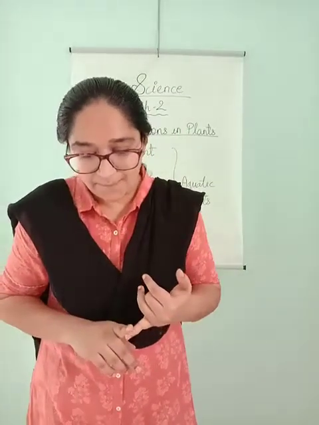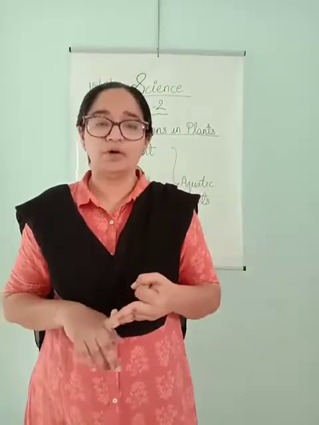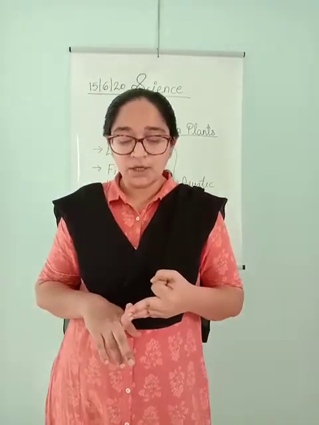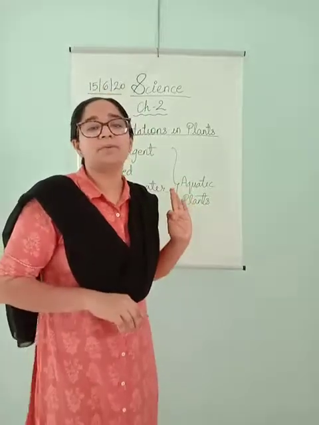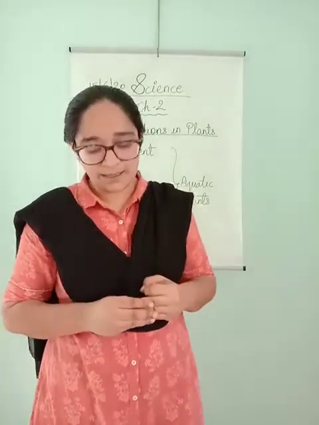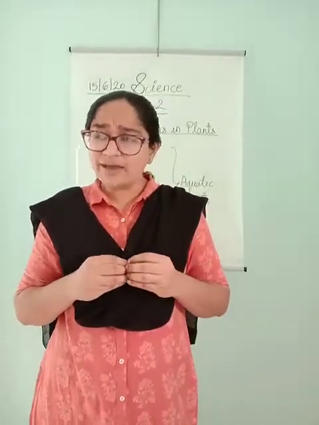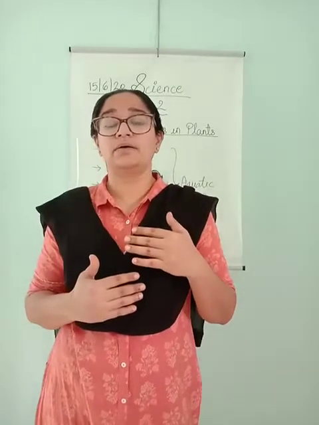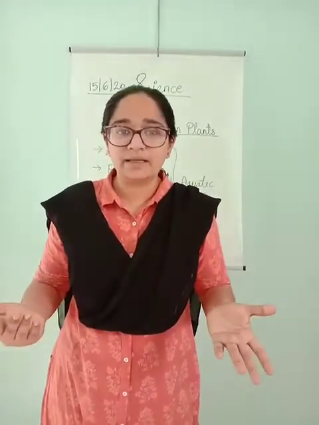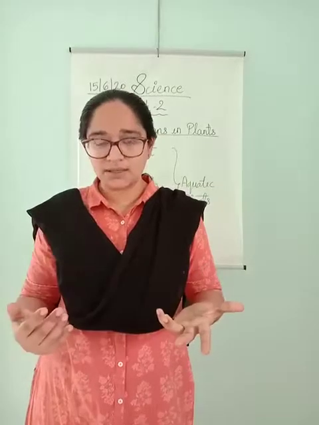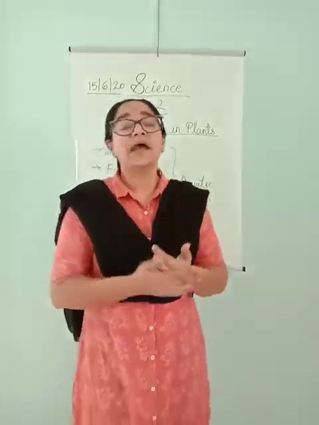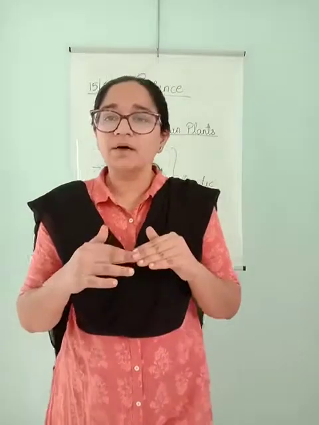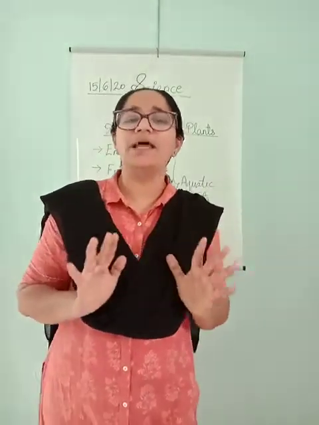So plants like Vallisneria, Hydrilla and Pondweed are examples. Hydrilla, Vallisneria and Pondweed are three examples of this type of plant. Now when the plant is growing underwater, you will think, where will it get its carbon dioxide, isn't it? The plant is so well adapted.